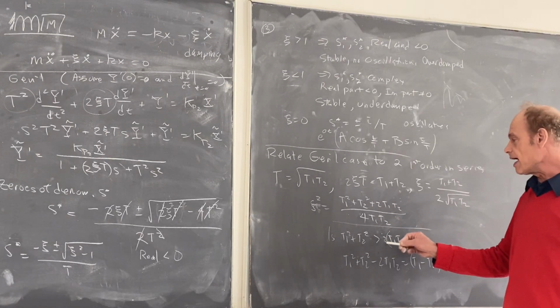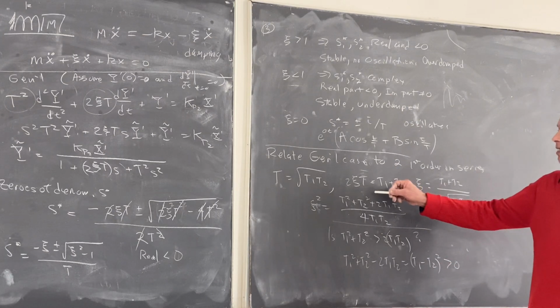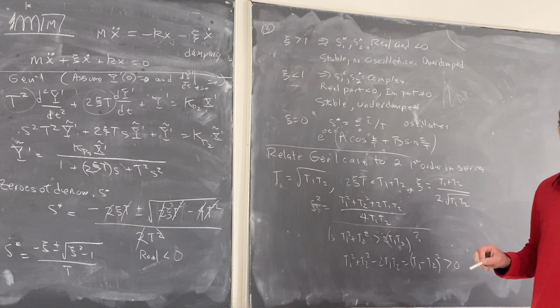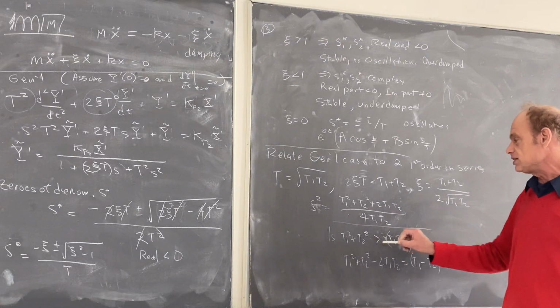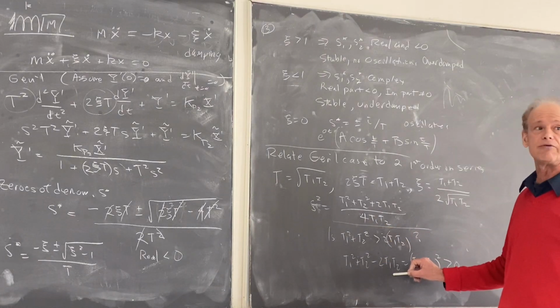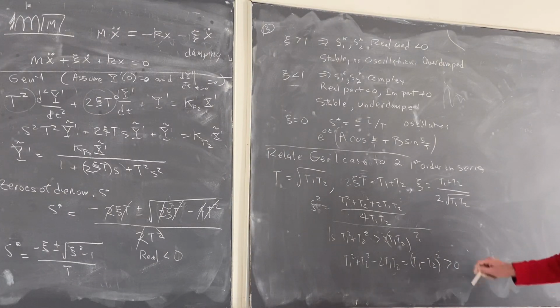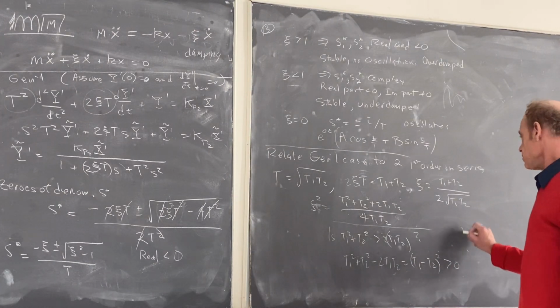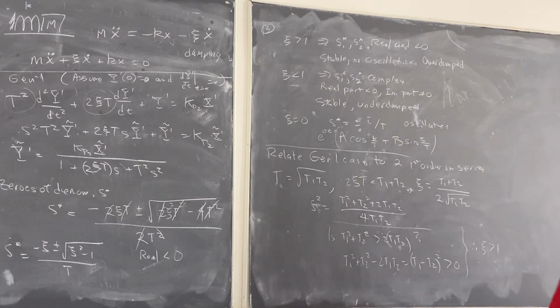And what I'm adding in the denominator is 2T1, T2. So the question is, is what I'm adding in the numerator bigger than what I'm adding in the denominator? Or is the difference bigger than 0? Well, the difference is exactly a perfect square, so it is bigger than 0. So therefore, C is greater than 1.